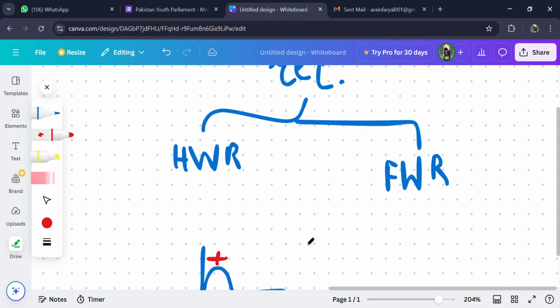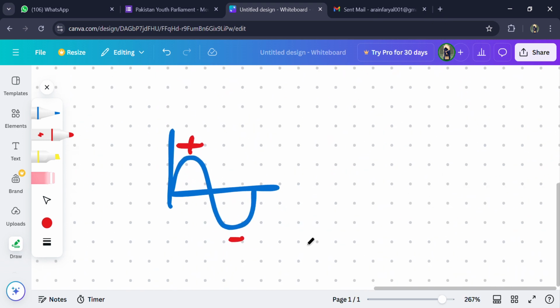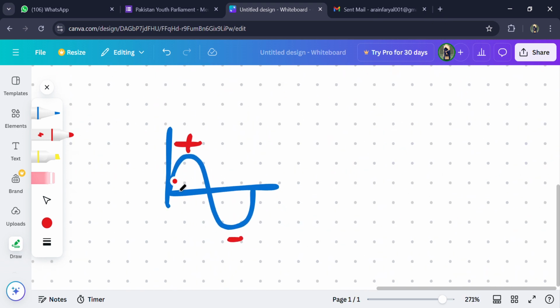And there are two sorts of rectifiers. There is a rectifier which only rectifies the positive node, that is known as a half wave rectifier. And we have a second sort of rectifier which rectifies both of the nodes, that one is known as a full wave rectifier.